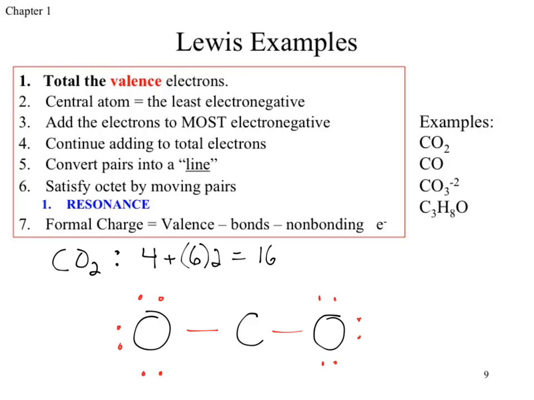So somehow or another, we have to get 4 more electrons towards that carbon. How do we do it? We will move electrons. Hey, that's kind of neat. This is why resonance is a huge argument. What did I say earlier that we were going to do in organic chemistry? Move electrons. What are we doing with resonance? We're going to move electrons to satisfy these octets. The way that an organic chemist would look at this is say, I'm going to find a pair of electrons and move them towards the carbon.